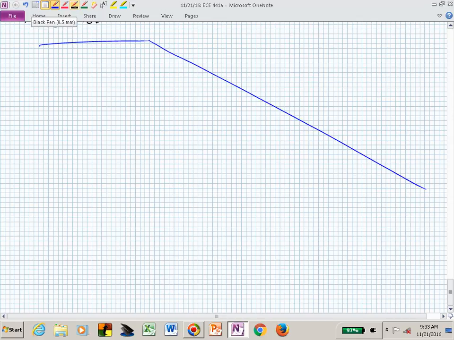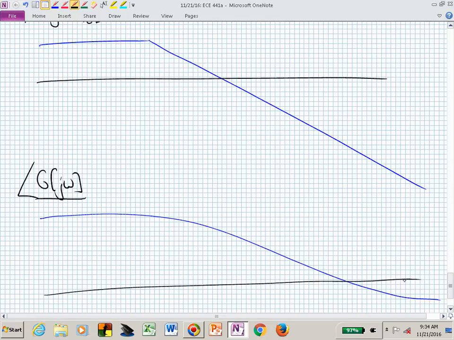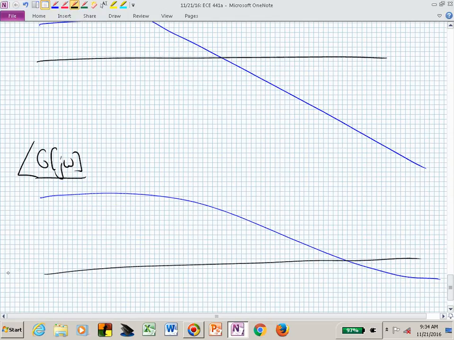Now I'm going to have to collapse. But let's say that now our phase of g of j omega is something that does that. And now I need to put my lines on here that are important. Let's say that this line is now minus 180 degrees, and this line is 0 dB.